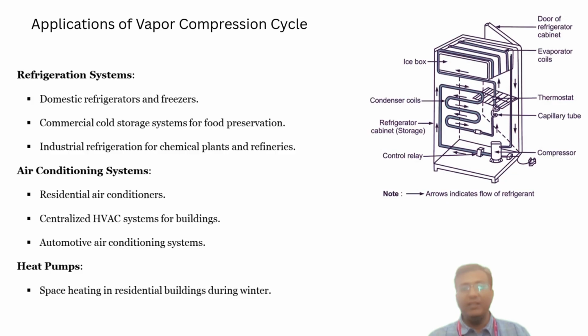That is why we can get a cold environment in summer days and a warm room temperature in winter days. Understanding the application of the vapor compression refrigeration cycles impacts daily life and different industrial processes. Now we are going to see the advantages of this cycle.